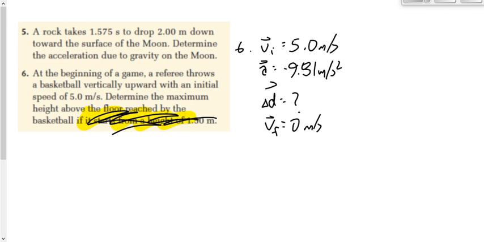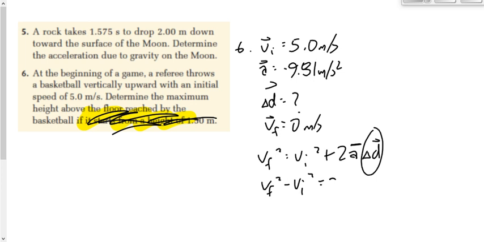So I think I'm going to use VF squared here. Solve for delta D. What do you get rid of first? What's not attached, good. So let's take the VI over by subtracting. VF squared minus VI squared equals 2AD.